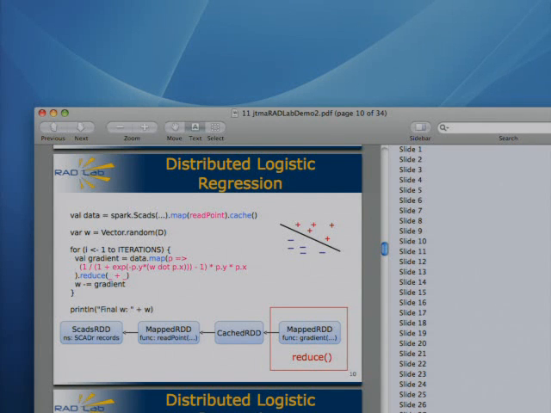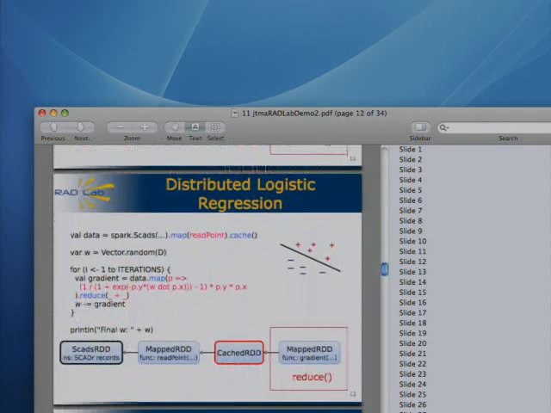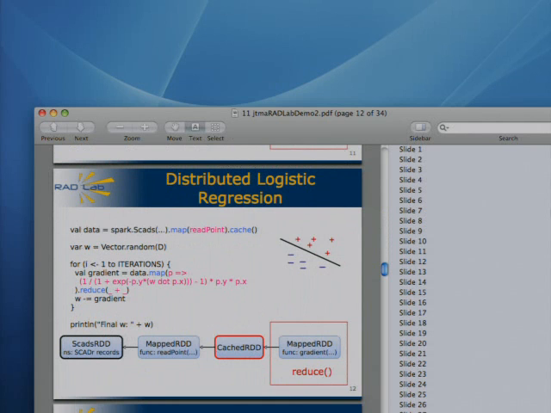The way that the RDDs work is that the first time around, the access will go all the way to the persistent store where SCADS is. But on subsequent iterations, it's possible to hit the cache and thereby speed up the iteration time in subsequent loops.